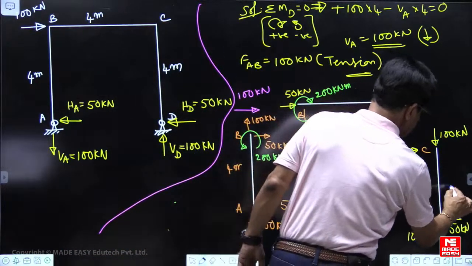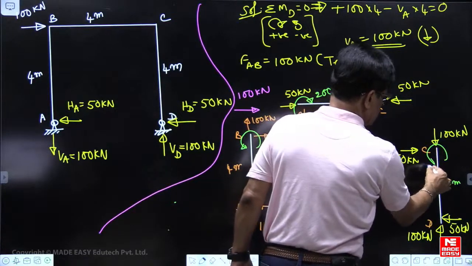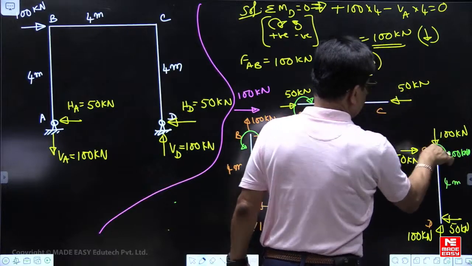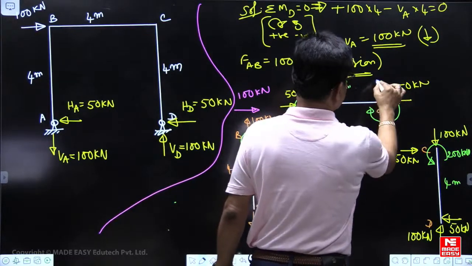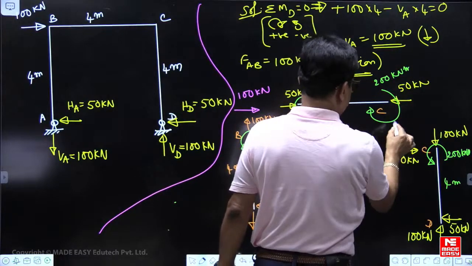Next, moment. 50 into this length, which is 4 meters. 50 into 4, 200 clockwise. So this anti-clockwise 200 should be there. Anti-clockwise, so here it should be clockwise. 100 up, 100 down.